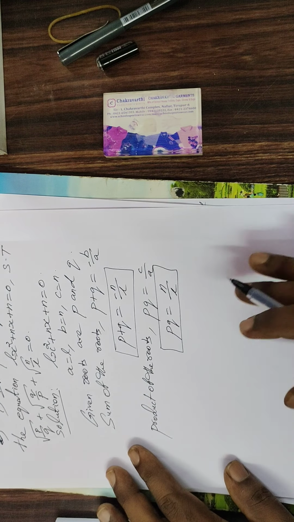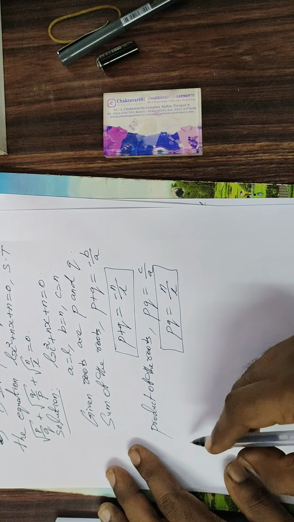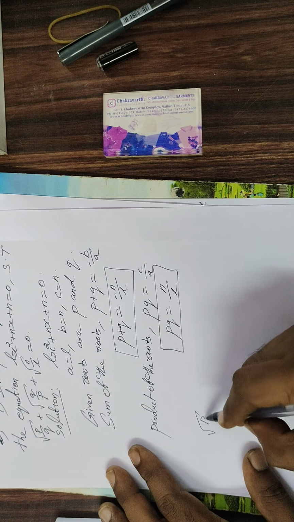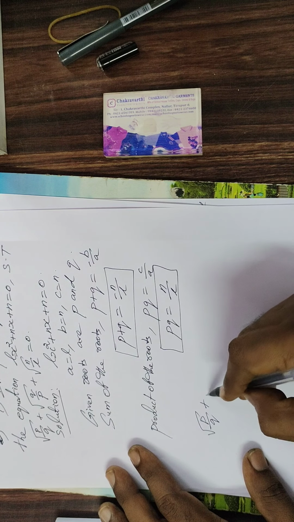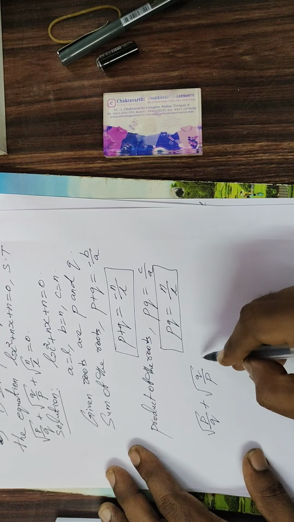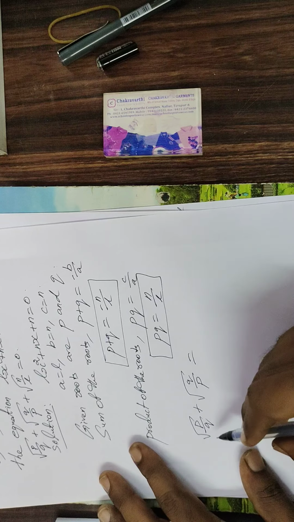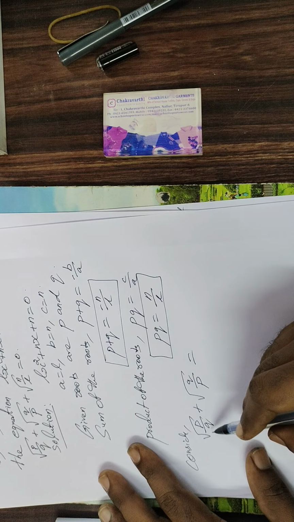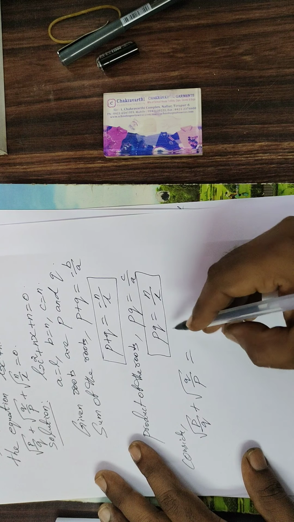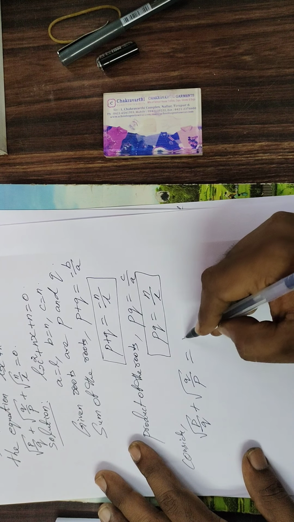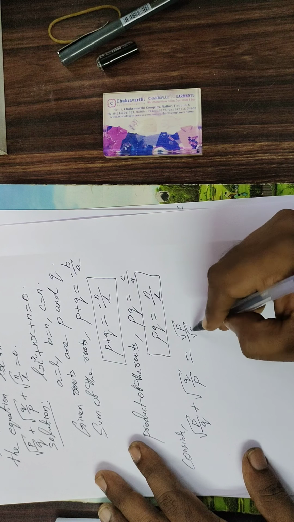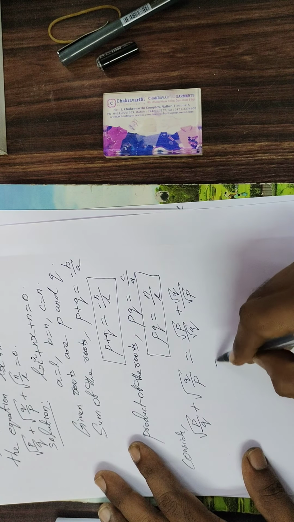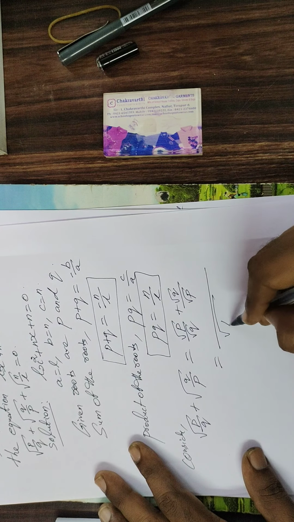So what we have to prove? We can take square root of P by Q plus square root of Q by P. First consider square root of P by Q plus square root of Q by P. This can be written as root P by root Q plus root Q by root P. That is equal to, LCM, root of PQ.